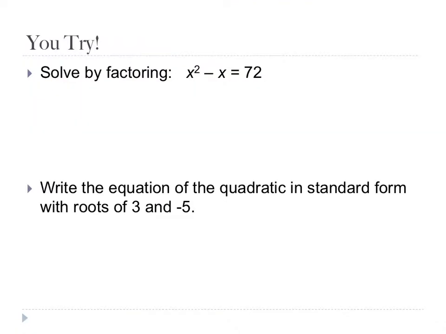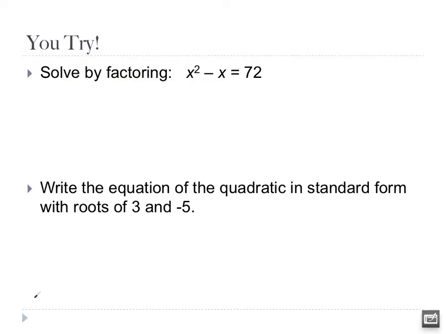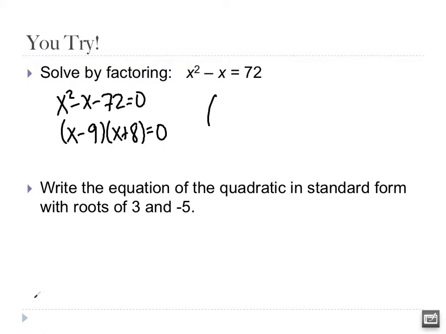Here are two for you to try on your own. Right now, take a minute or two, pause the video, try them on your own, and come back. Welcome back. First example, you should have subtracted 72. Factoring, you get (x - 9)(x + 8). So then your solutions become (9, 0) and (-8, 0).